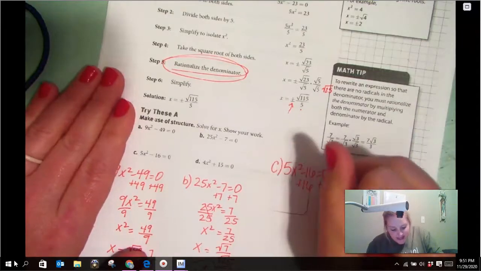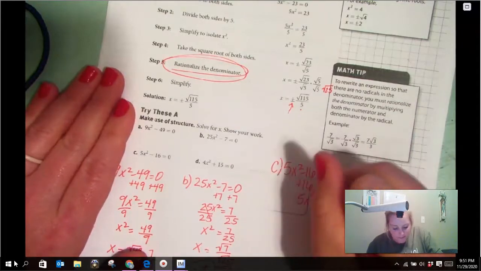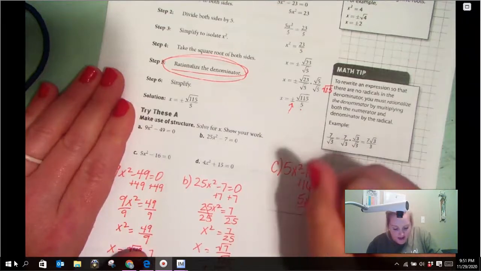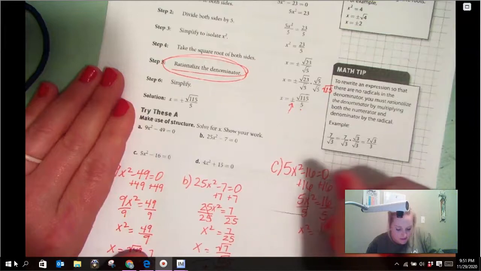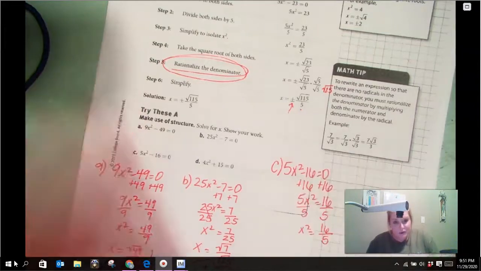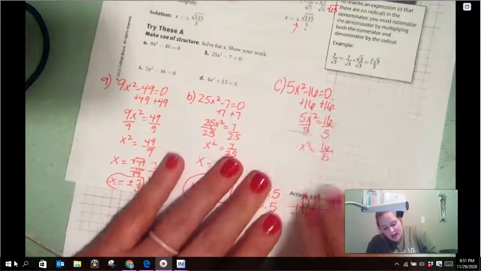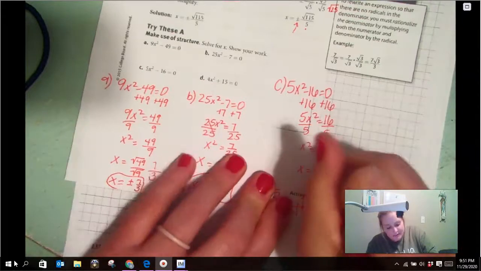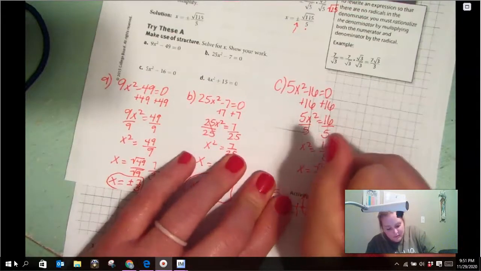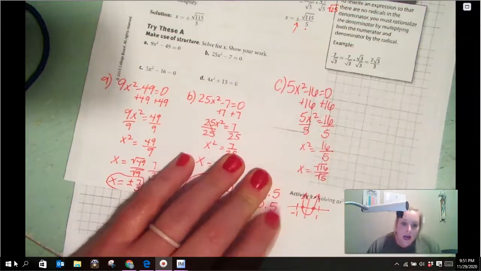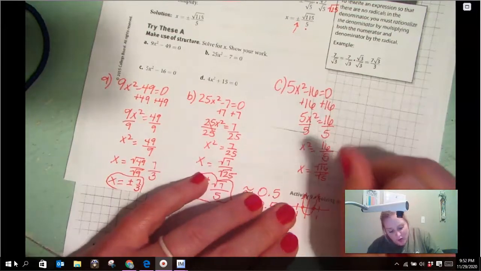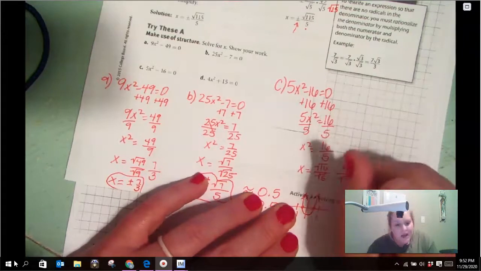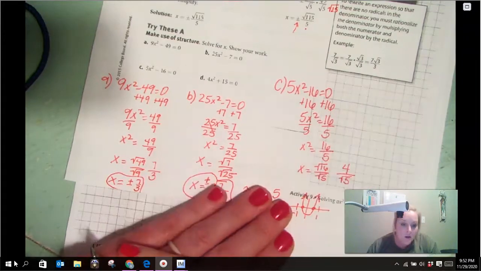Add 16 to both sides. Divide by 5. x squared equals 16 divided by 5. I need to take the square root of both the numerator and the denominator. Alright, 16 is a perfect square, so that's going to be 4 over the square root of 5, which is not, so it stays in the radical.